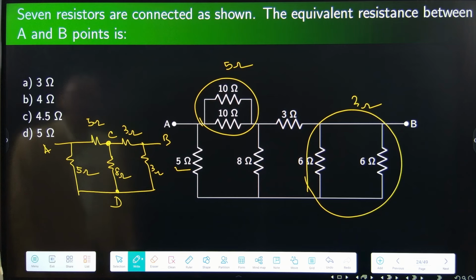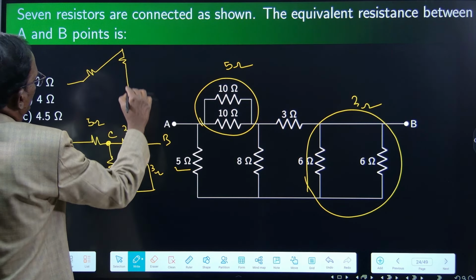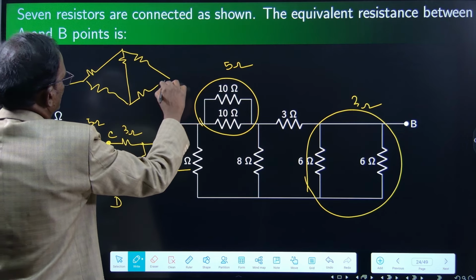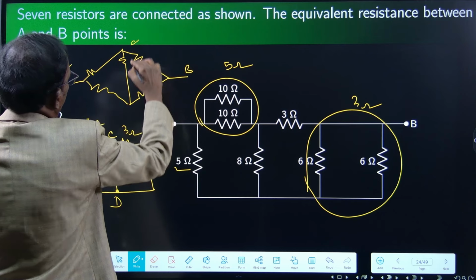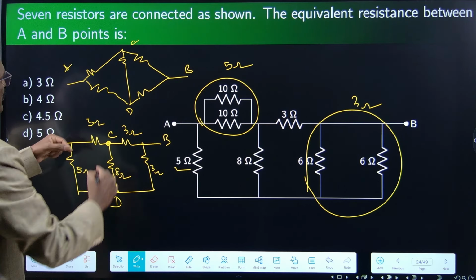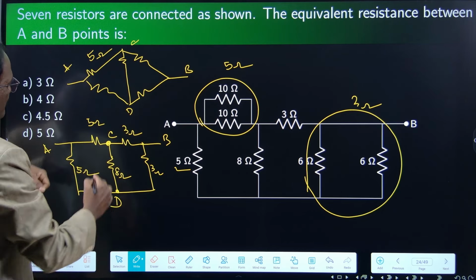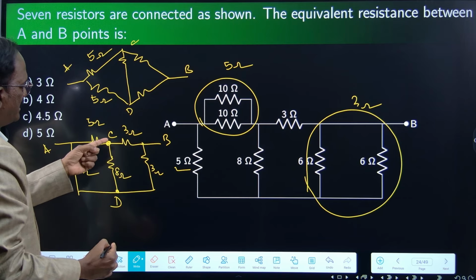You draw the Wheatstone bridge, then we will check the condition for balance. A, B, C, D. Between A and C, 5 ohms. Between A and D, 5 ohms. Between B and C, 3 ohms.